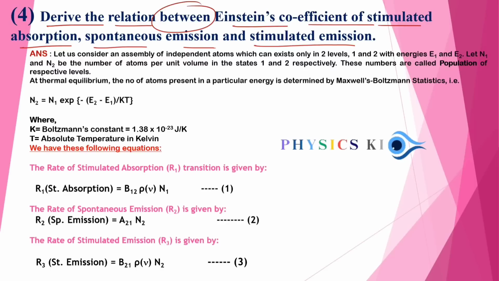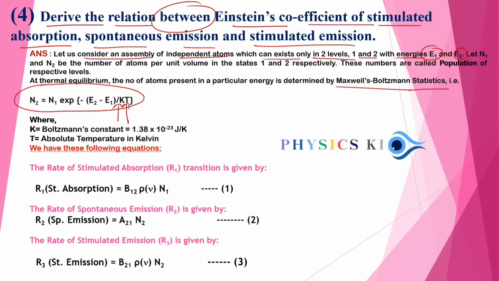This is another very important question, and you have to write from this. Let's consider independent atoms existing in only two levels, 1 and 2, with energies E1 and E2, and then apply the Maxwell-Boltzmann statistics. N2 is equal to N1 exponential of minus (E2 minus E1) by kT, where k is the Boltzmann constant and T is the temperature.